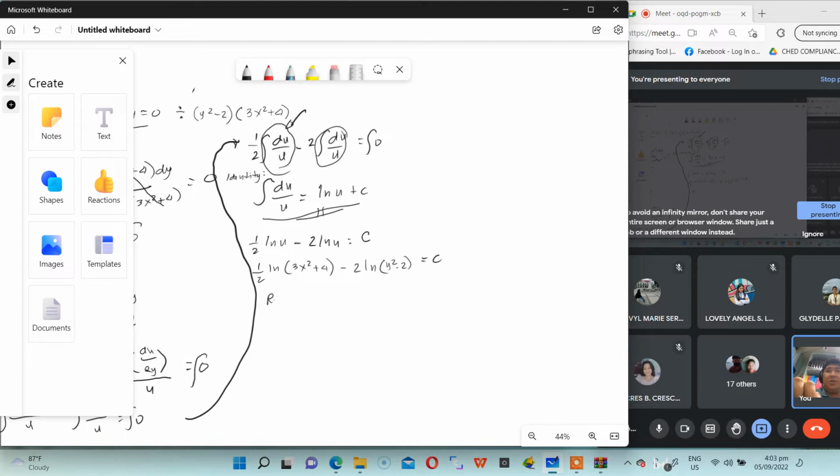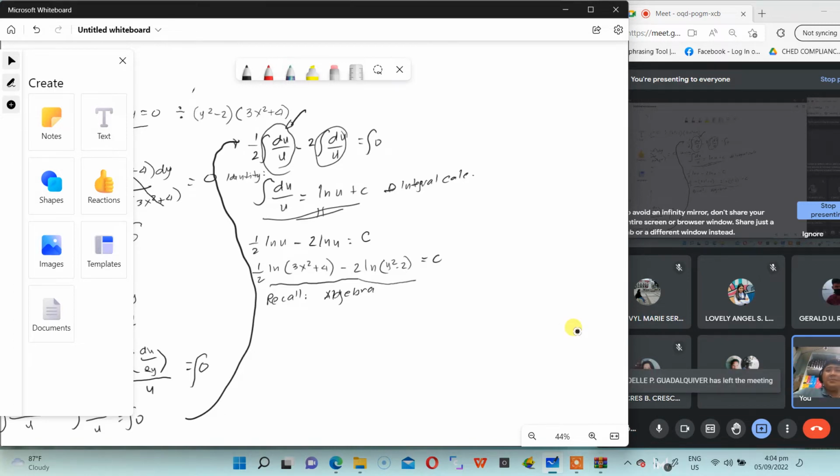Recall. We will recall as much theory as we want. Here we recall integral calculus and your algebra. How will you simplify this one?